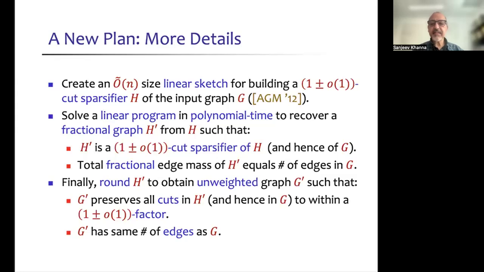There are some technical challenges in implementing this plan, but at a high level, this is indeed the entire algorithm.